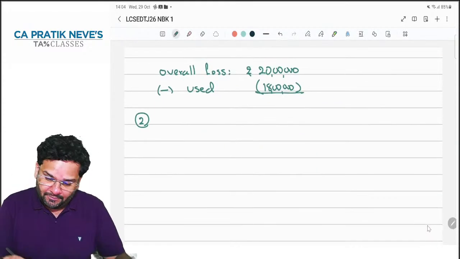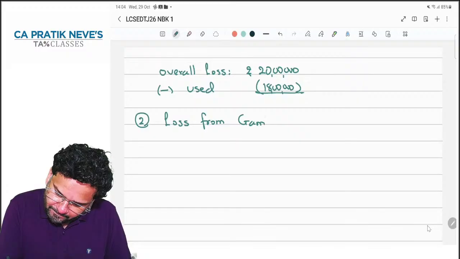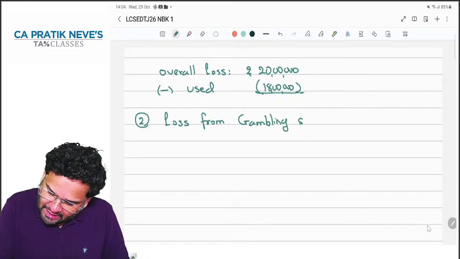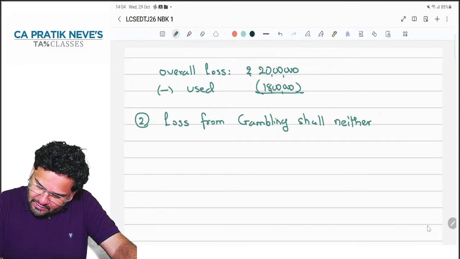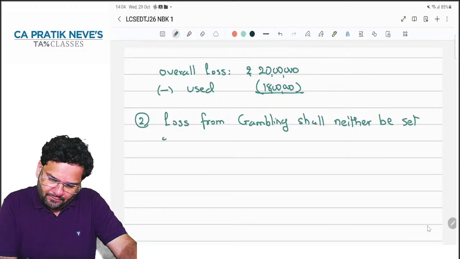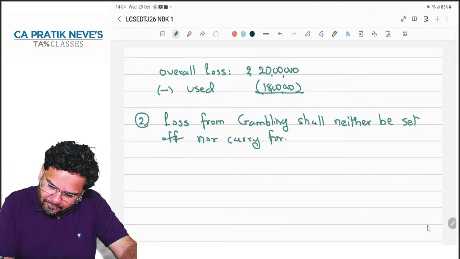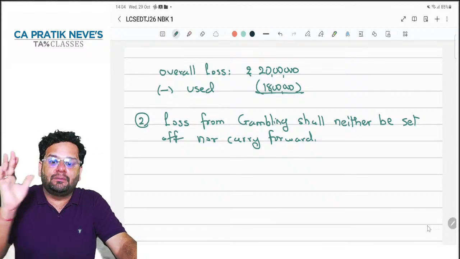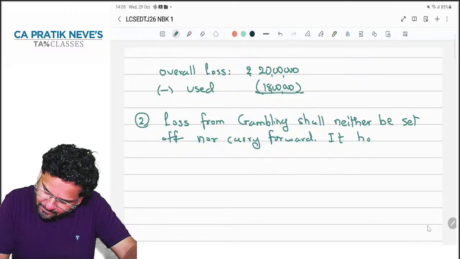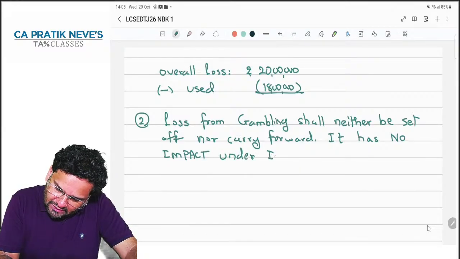Loss from gambling shall neither be set off nor carried forward. It has no impact in income tax.